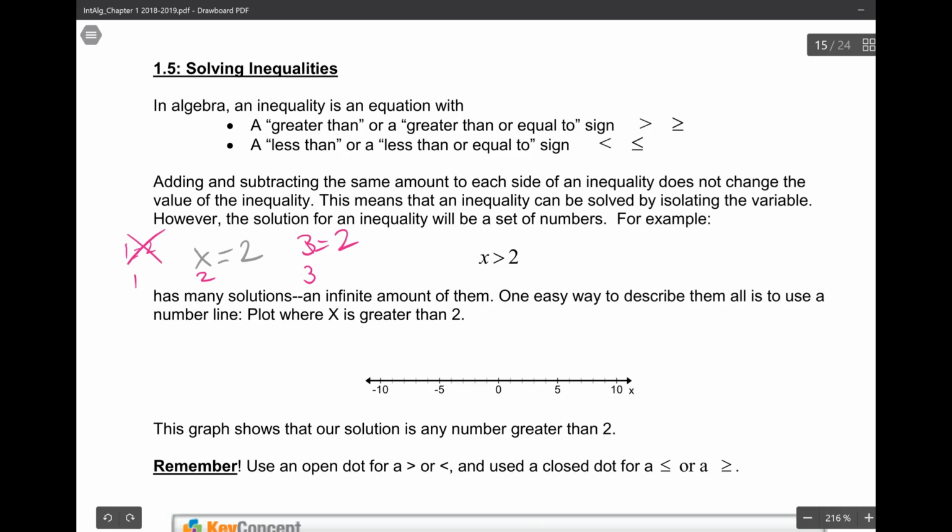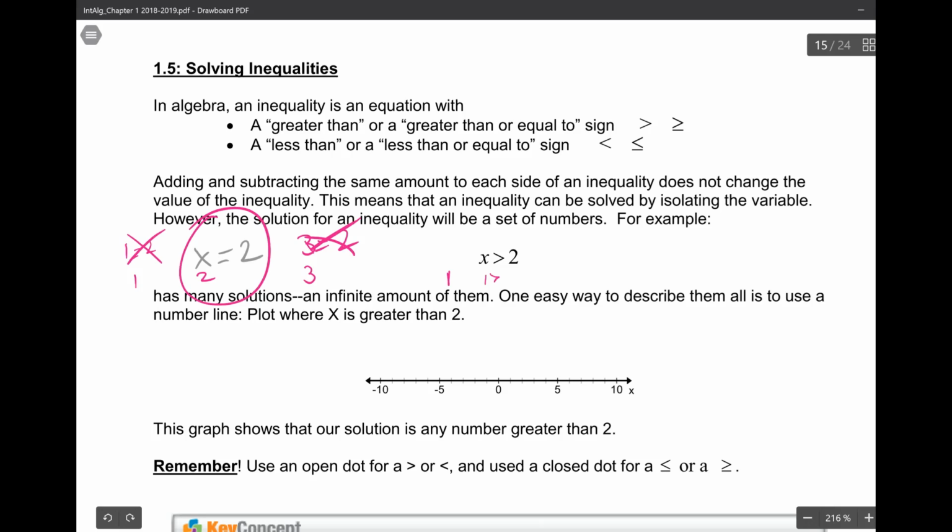Does 3 equal 2? No, that's not true either. So they only have one solution, unless you have something like a quadratic, which would have two solutions. And in 1.4, absolute value equations would have two solutions. But inequalities have multiple.